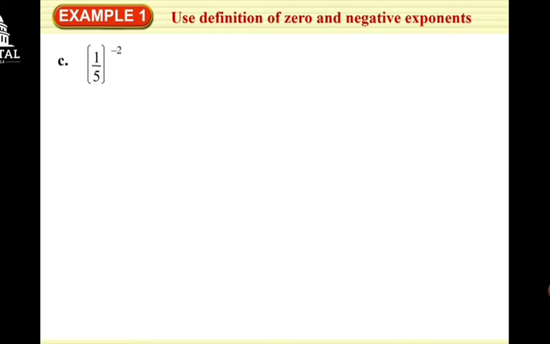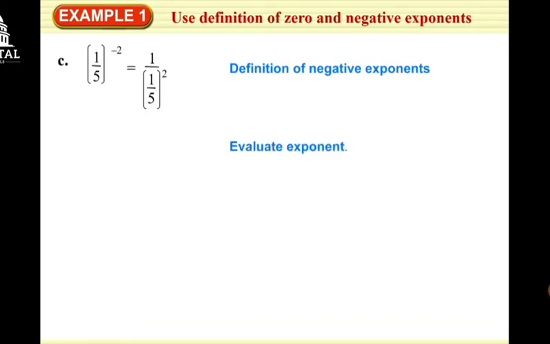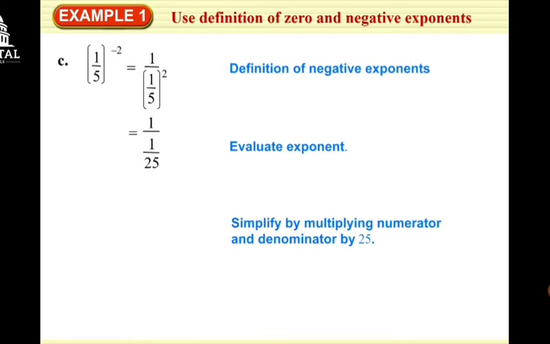Another example, 1 over 5 raised to the power of minus 2. From the definition of negative exponent, it will reverse the fraction, it will be 5 over 1 to the power of 2, which equals 25.